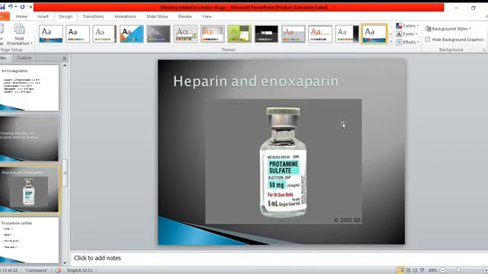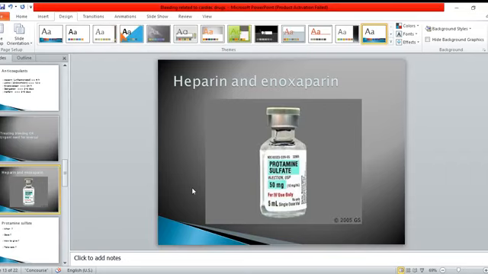Otherwise, we don't give. Protamine sulphate is the antidote for unfractionated heparin, but it also works with low molecular weight heparin like enoxaparin, although it's less effective than it is with unfractionated heparin.